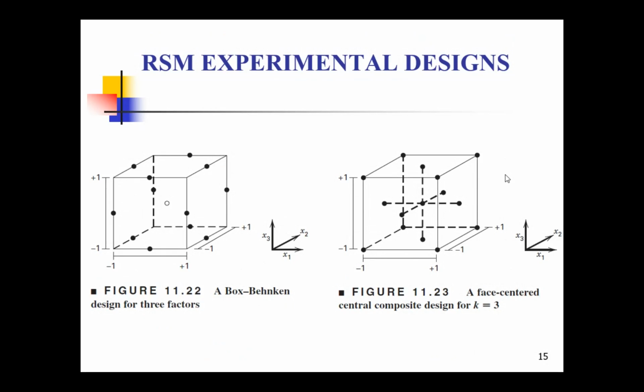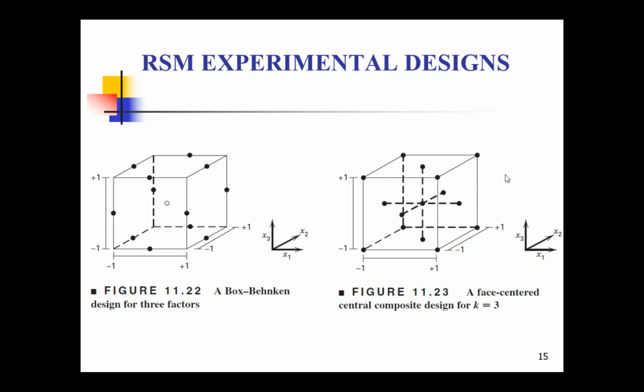The -1 represents the lowest range and +1 represents the upper range. So the middle point represents the intermediate point. For each and every edge, I have a middle point and an axial point for this cube, and the axial points for this cube are not for any side surface.